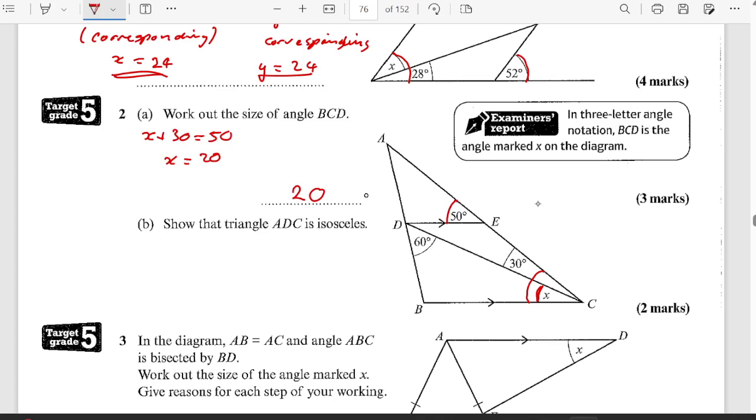Show that, and I'm going to use a little bit of colour here, show that AD is isosceles. Okay, so for an isosceles we need two equal angles.